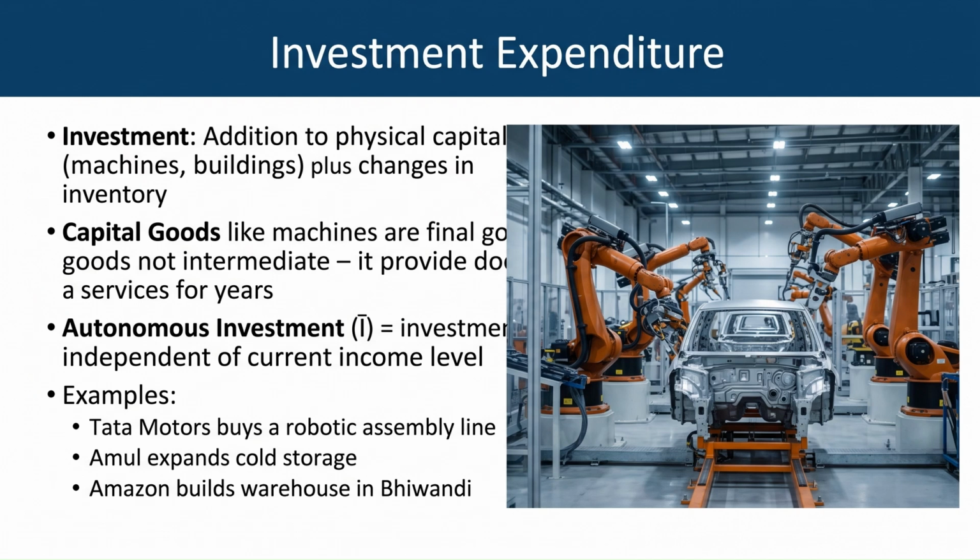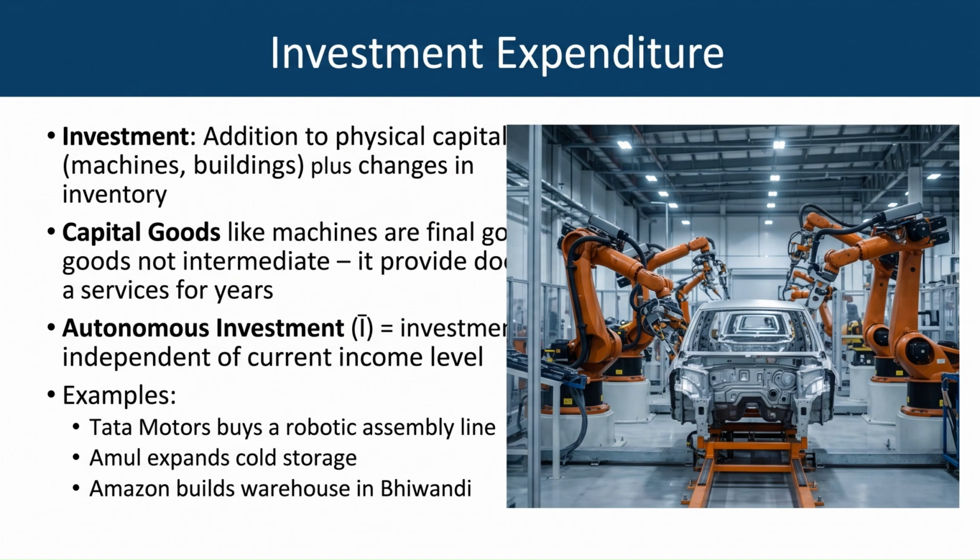Now, when macroeconomics talks about investment, we aren't talking about buying mutual funds or stocks. We mean physical capital creation: factories, machinery, and logistics. Notice the key formula term, autonomous investment, on your screen. This is long-term capital spending that happens regardless of current income levels. It's a bet on the nation's future.